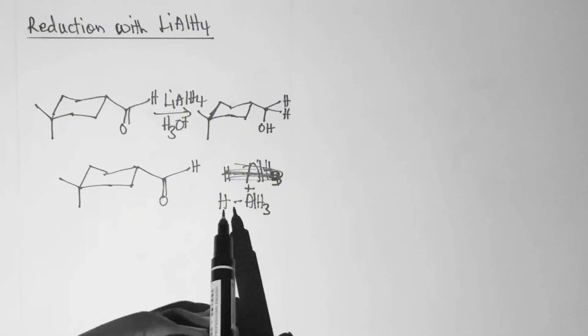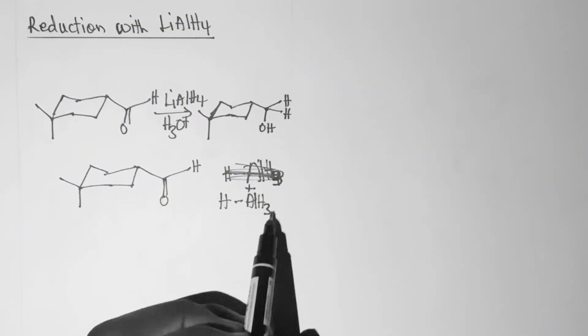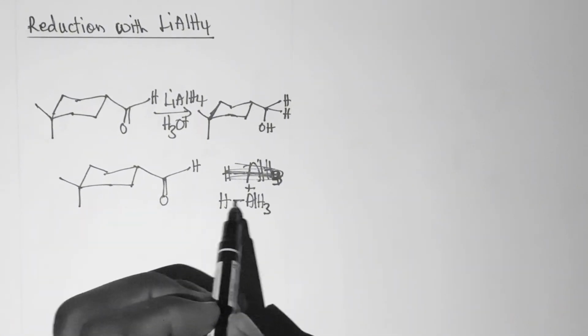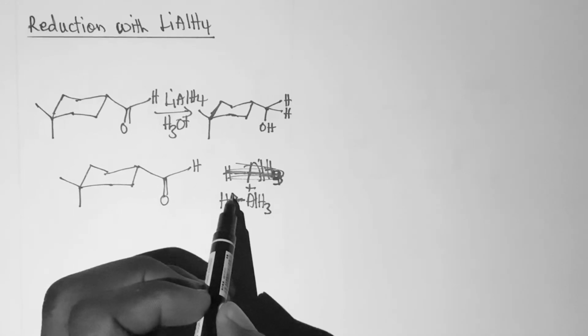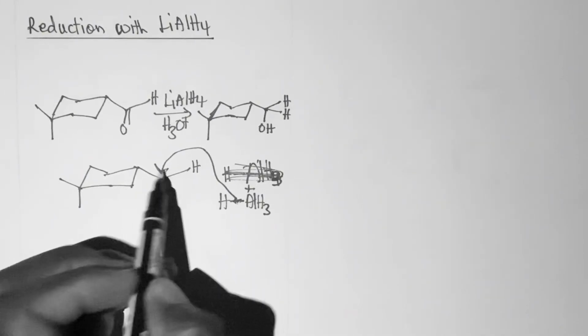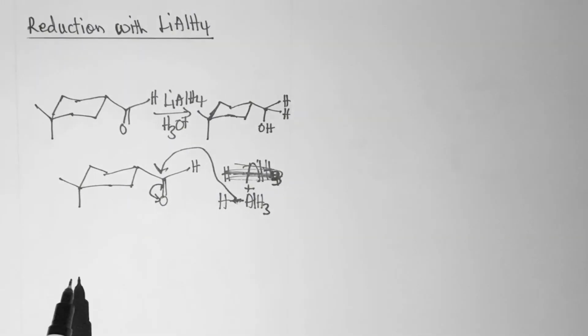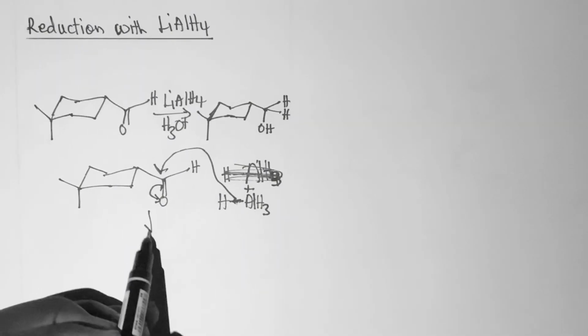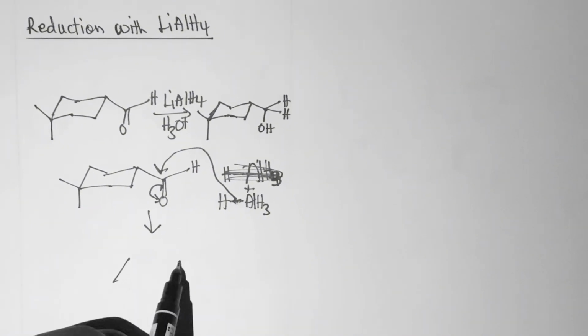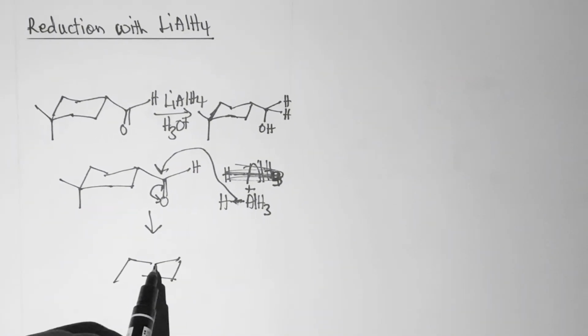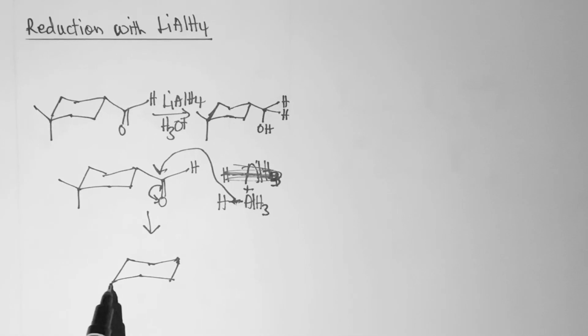Now, this hydrogen is more electronegative than this aluminium. So these electrons are going to be moved to this carbon center, causing the pi bonds to break and be moved to the oxygen. So in the next step, this is the intermediate we are going to get in solution.